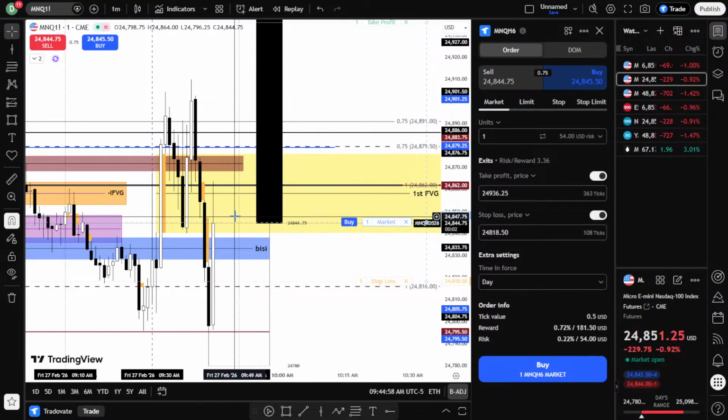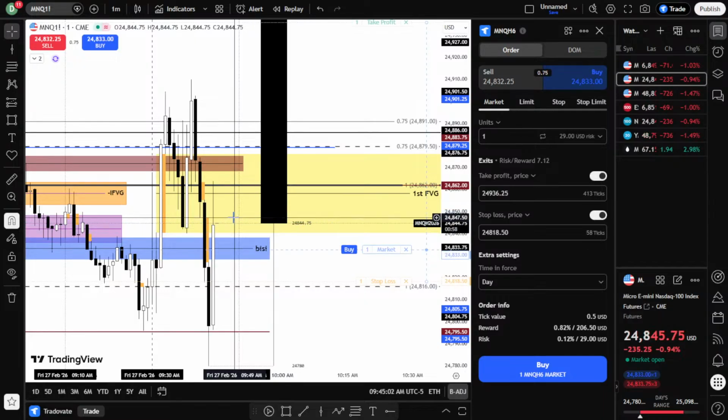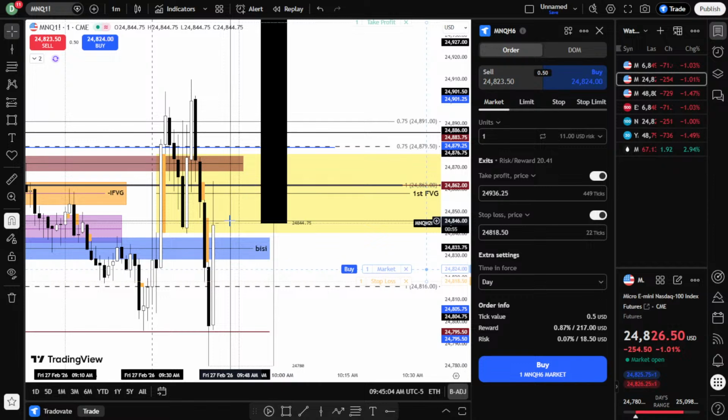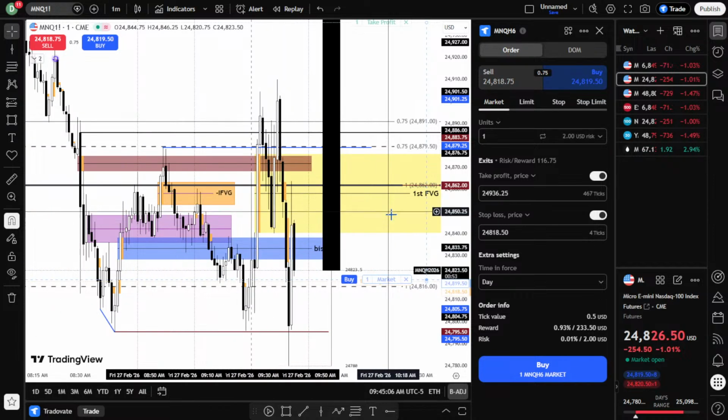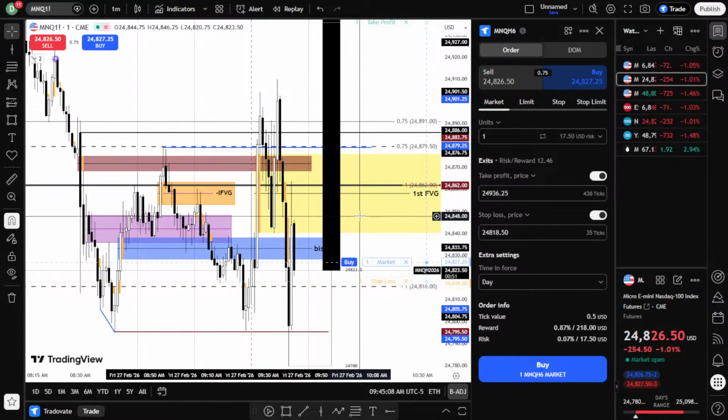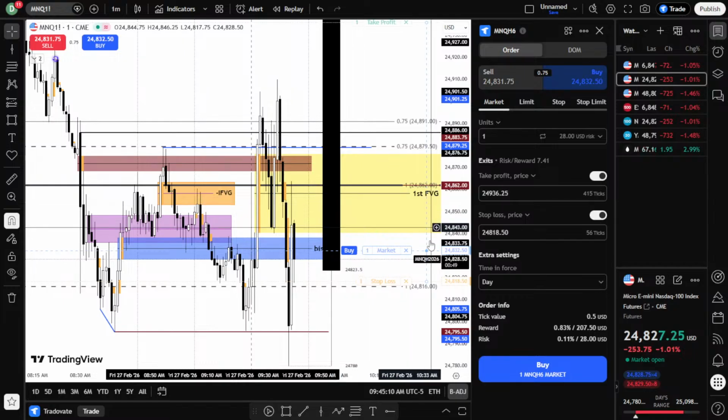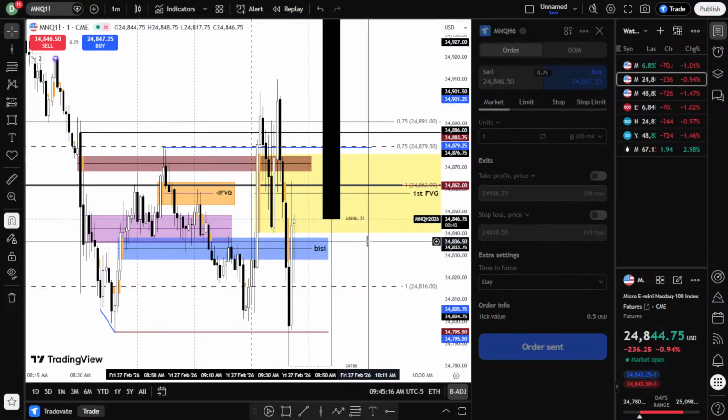It needs to close above this. It did not close above that. I'm looking to enter long.